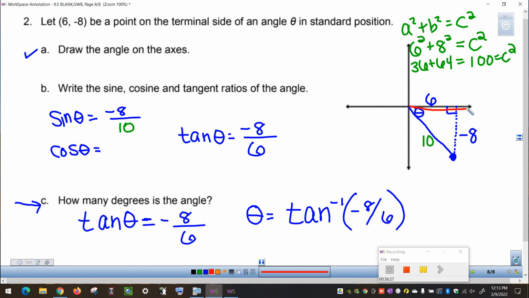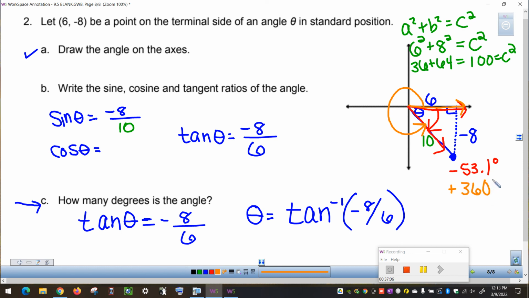Measuring our angles in standard position is always going to start here. So if we're going in this clockwise direction, yeah, we are going to end up with a negative angle measure. So that would be one way that we could give an angle name to this terminal side position. We could also get a positive angle if we wanted to think about starting here and traveling in the positive, counterclockwise direction, still ending in the same spot.